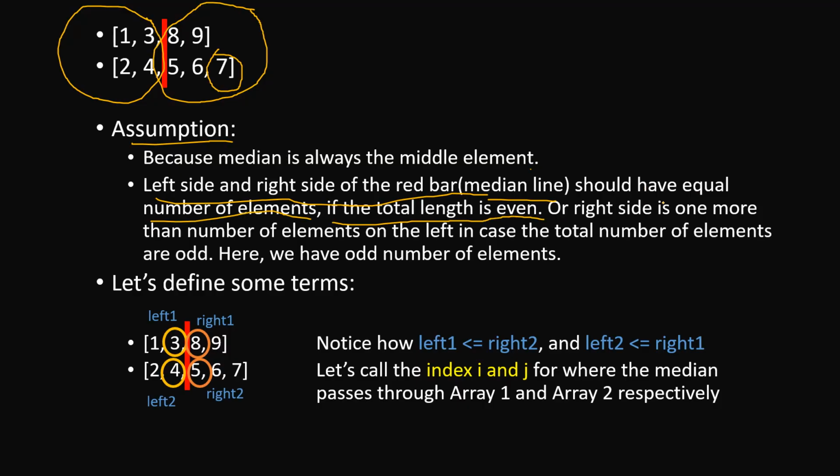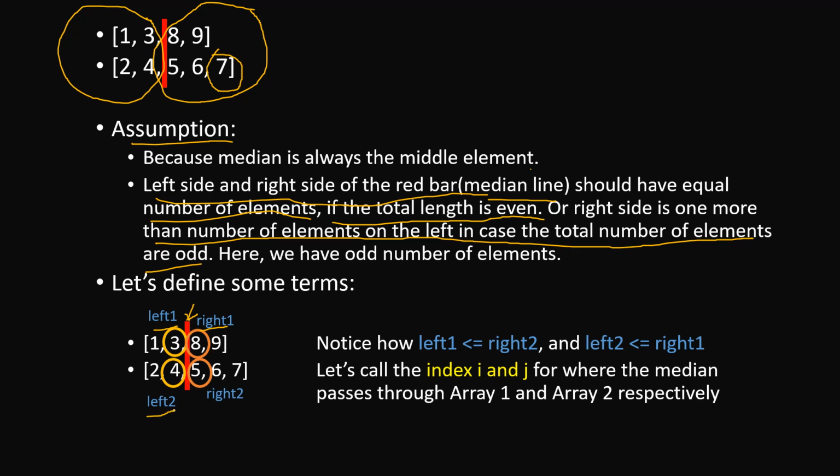And let's define some terms that we will be using in our code. Left 1 will be the first element to the left side of the red bar on array1, and right 1 will be the first element to the right side of the red bar on our array1.